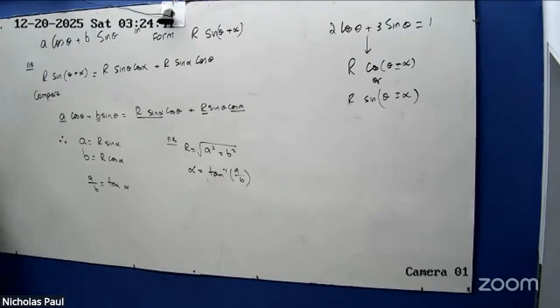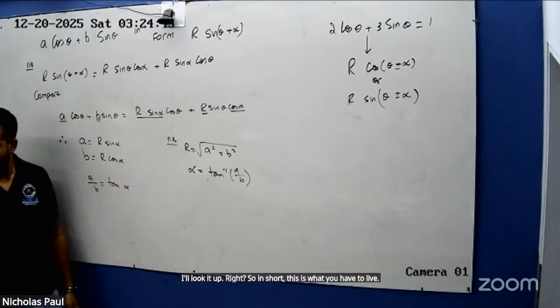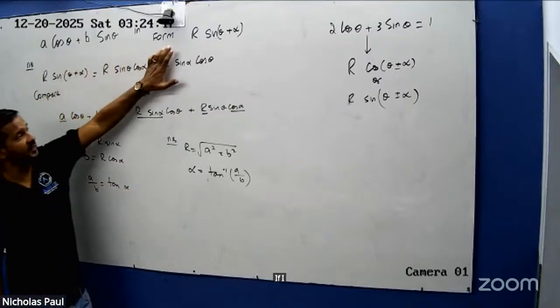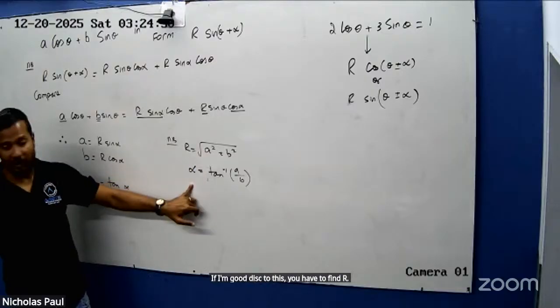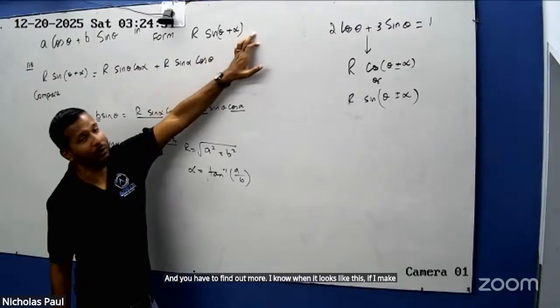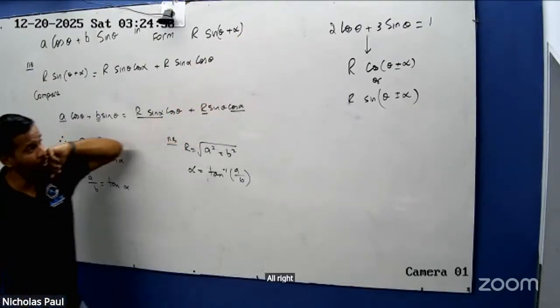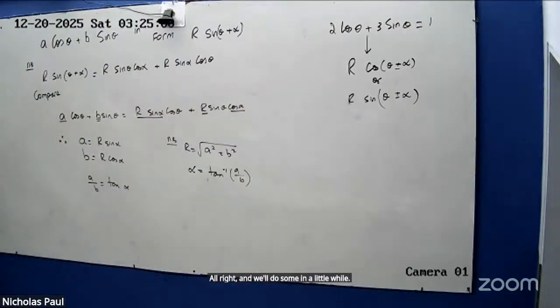Are you okay with that? So in short, to convert this to this, you have to find R and you have to find alpha. And now when it looks like this, if I make this equal to 1, it's very easy to solve. All right, and we'll do some in a little while. Copy it up.